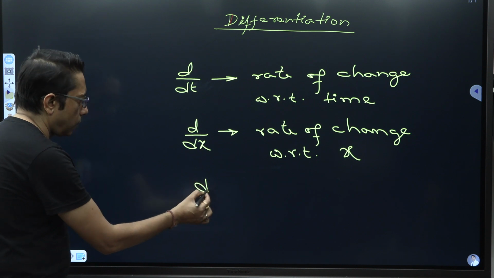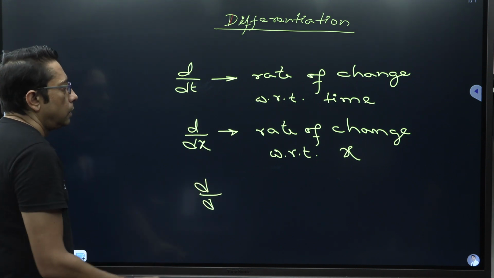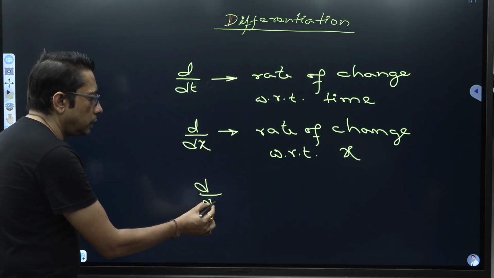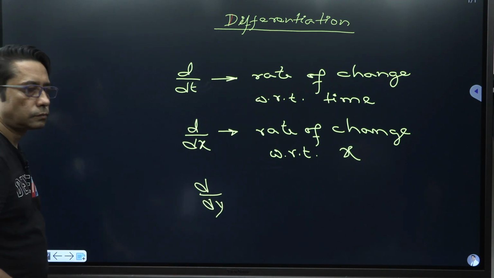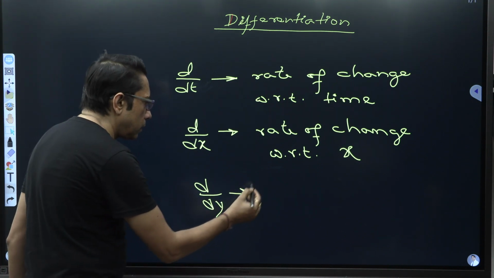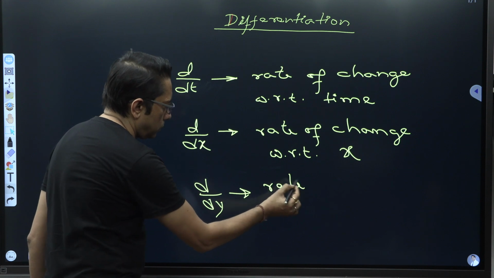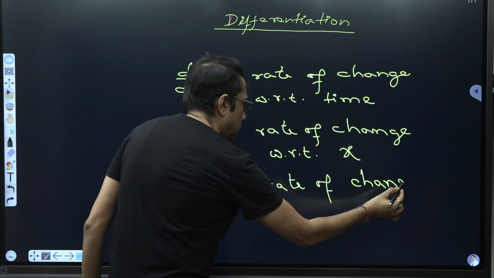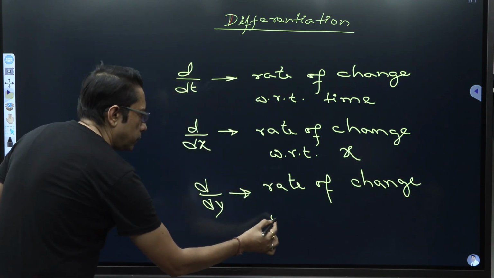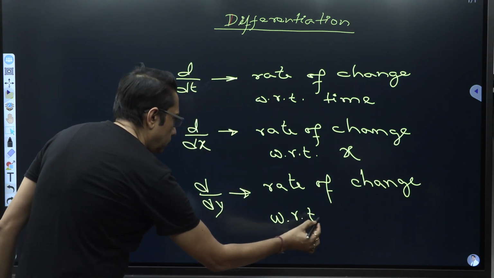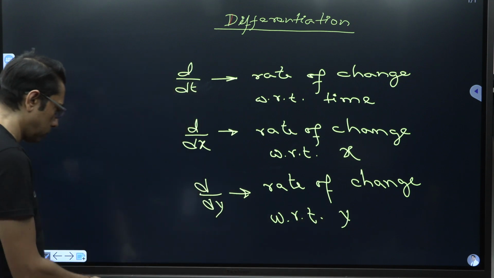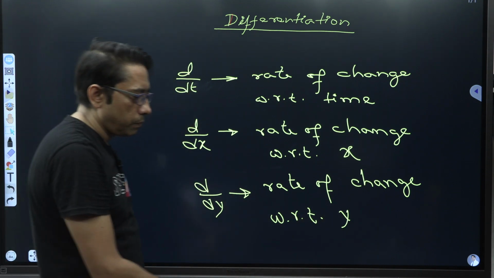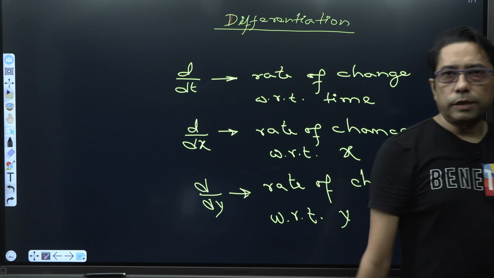If I write d by dy, it will again mean rate of change then with respect to y. First page khatam. Let us understand this.